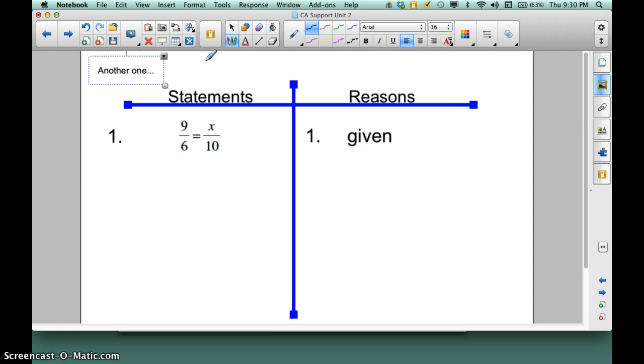So I want to try another one here, and just to get you started, remember that you want to multiply your fraction denominators together for a common denominator. So if you look at this, they're both fractions, but 6 times 10 is 60.